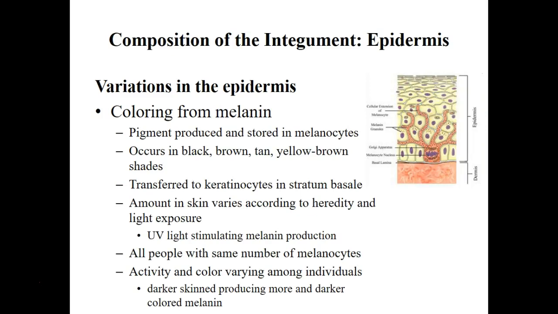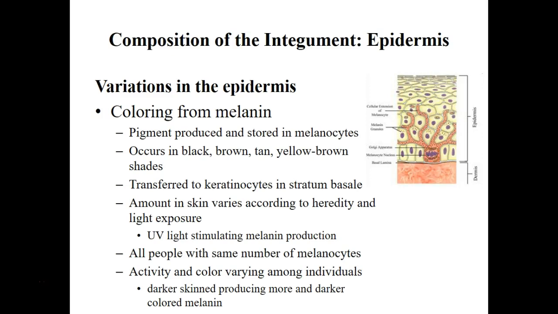Melanin is a pigment molecule that's produced by melanocytes, and the melanocytes secrete melanin. The different types, or the different amounts of melanin, genetically, you can produce different colorations.